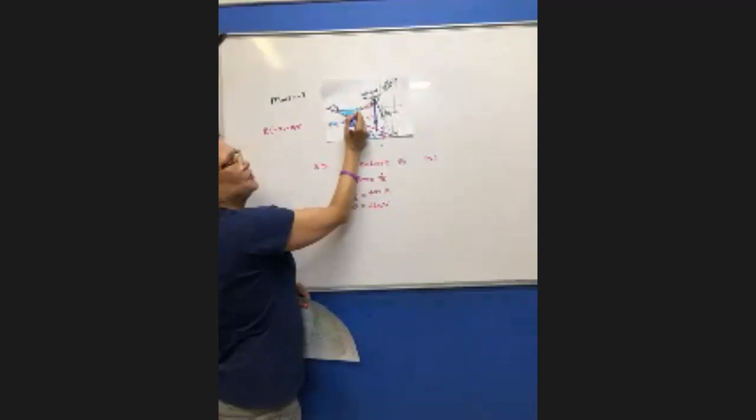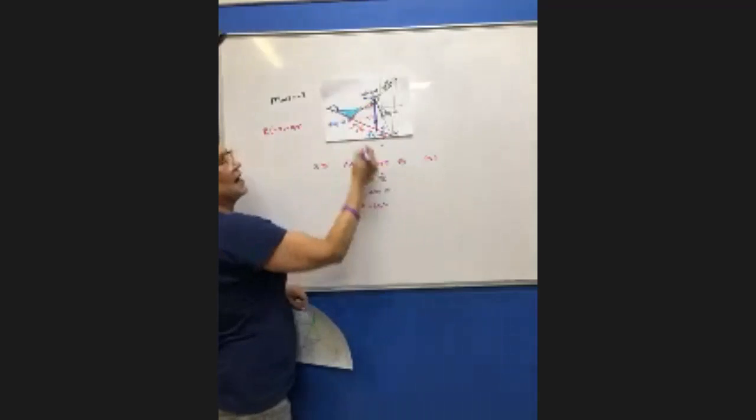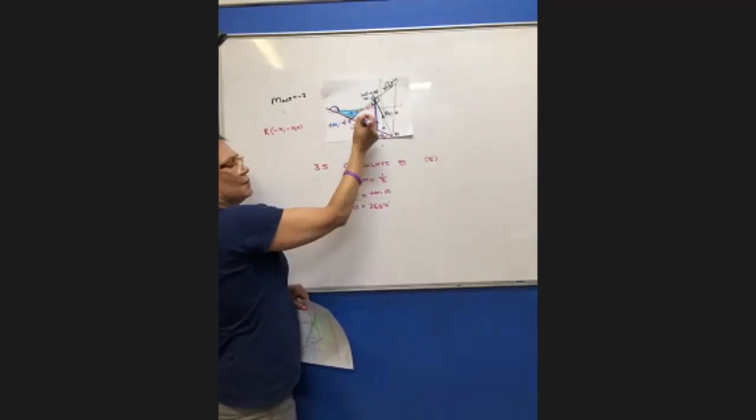So now you know that this angle here, which you put in your diagram, will also be 26,5, whatever, right?